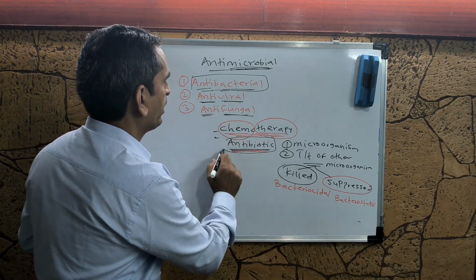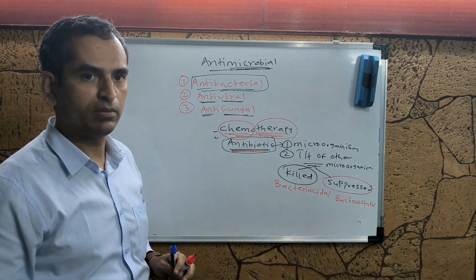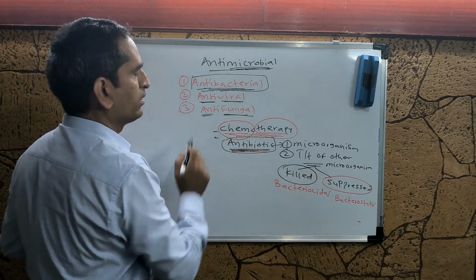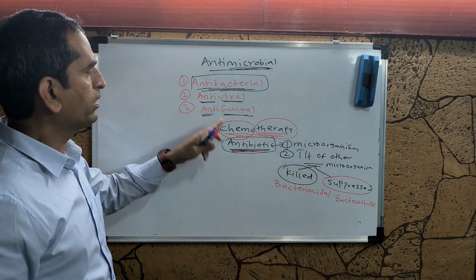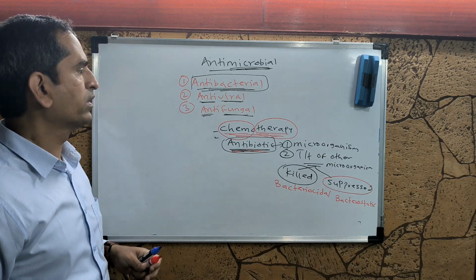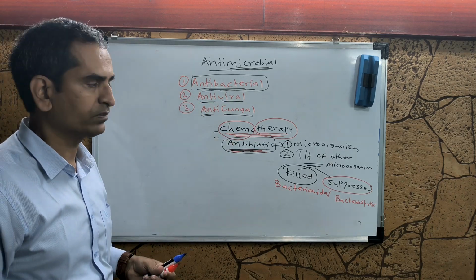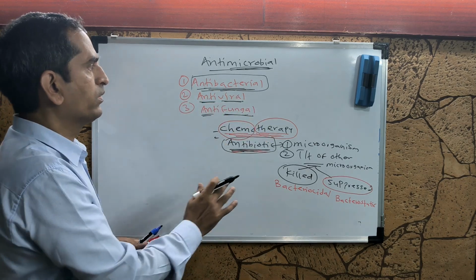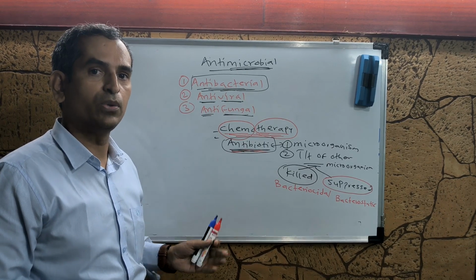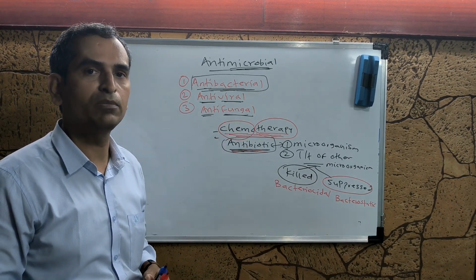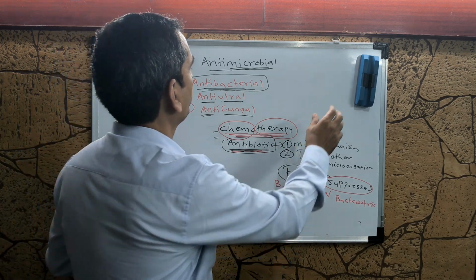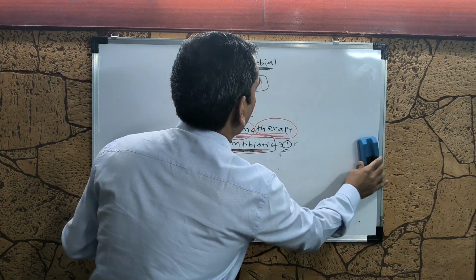An antibiotic has to be derived from a microorganism, which means all antibiotics are antibacterials. But all antibacterials are not antibiotics, because some of the antibacterial drugs might be derived from some other sources. So this is the introduction and a few terminologies that we should know before we discuss the mechanisms and the uses of antibacterial drugs.